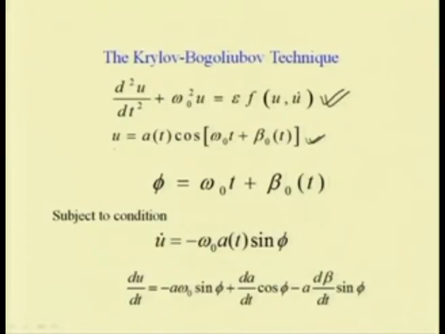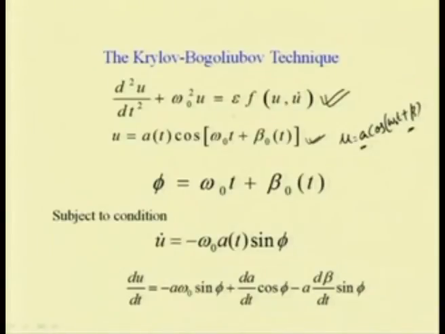So, here we are assuming that when epsilon equals 0, the solution is u equal to a cos(omega 0 t plus beta), where a and beta are constants. That means, for 0 value of epsilon, the solution equals a cos(omega 0 t plus beta), where a and beta are constant.